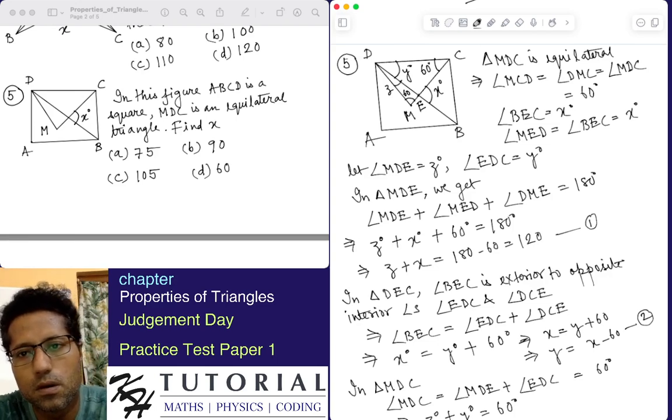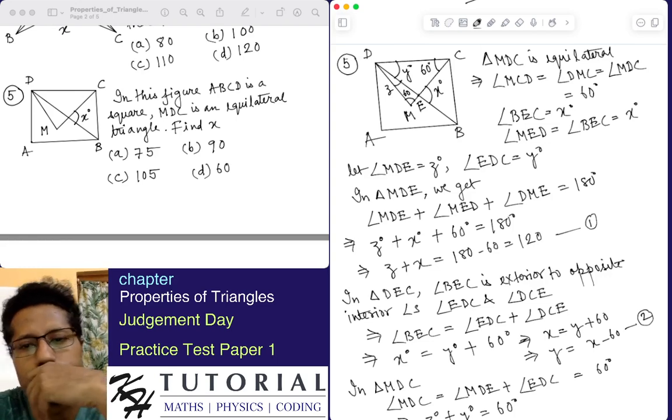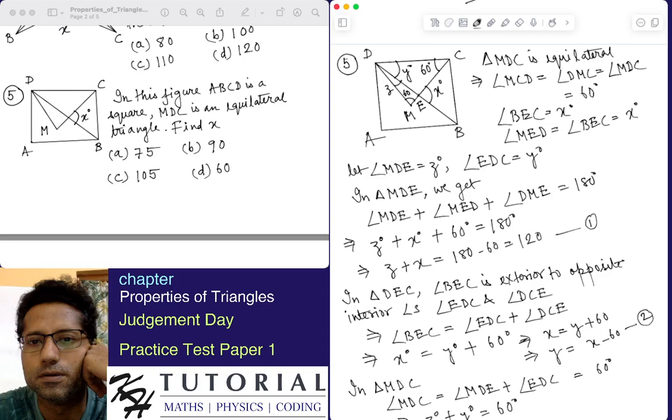So this angle will be 30. This angle will be 30. What is this angle? This angle is 30.